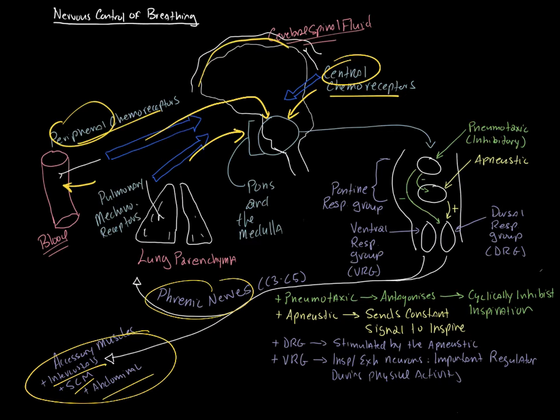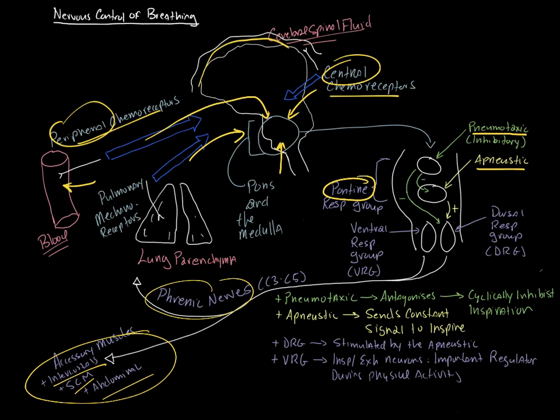Okay, so our primary breathing centers are located within the brainstem, and you have two centers located within the pons, we call the pontine respiratory group, and then you have two centers located in the medulla oblongata, which is inferior to the pons. And the two groups that you have within the pons are the pneumotaxic center and the apneustic center.